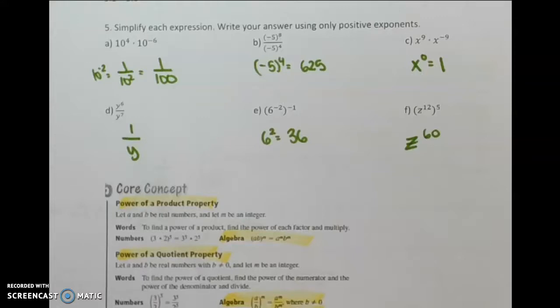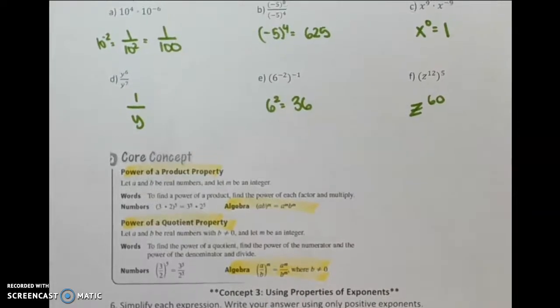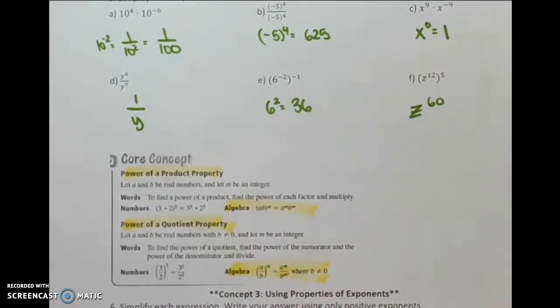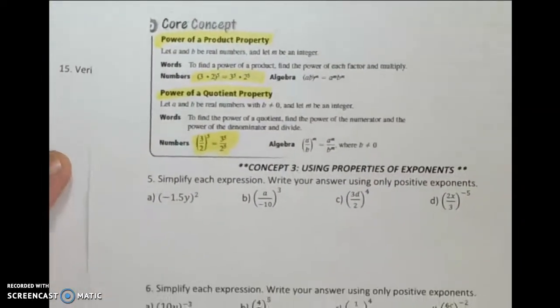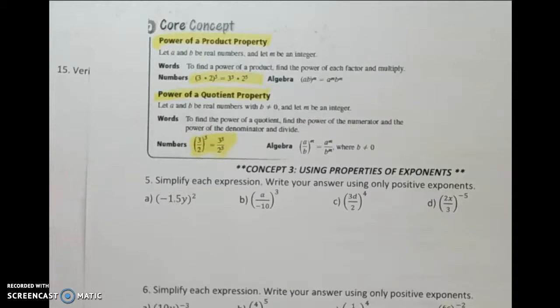Next, last 2 properties here. The first property is the power of a product property. It says to find the power of a product, find the power of each factor and then multiply.